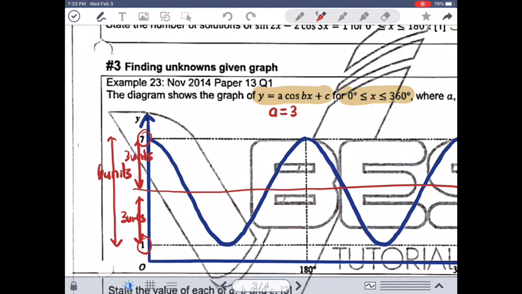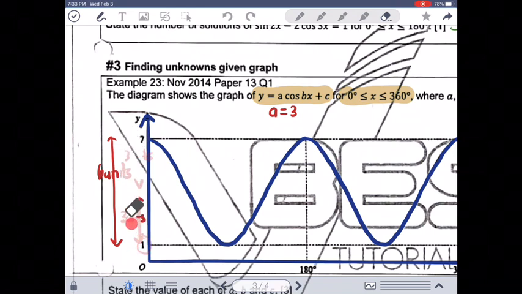Okay, because when we draw a cosine graph, a is the height from the middle. So in this case, the height is 3 units, middle up, middle down. Okay, so done with the value of a.